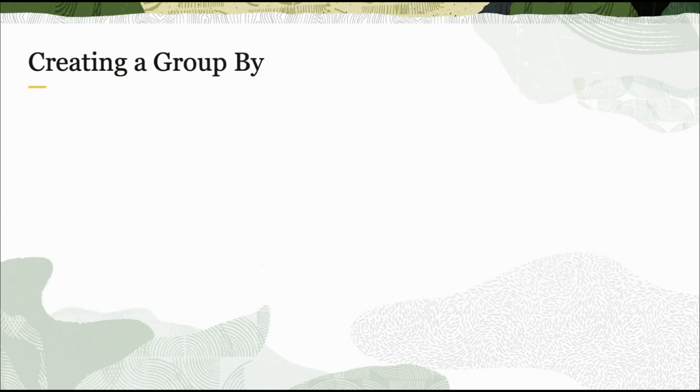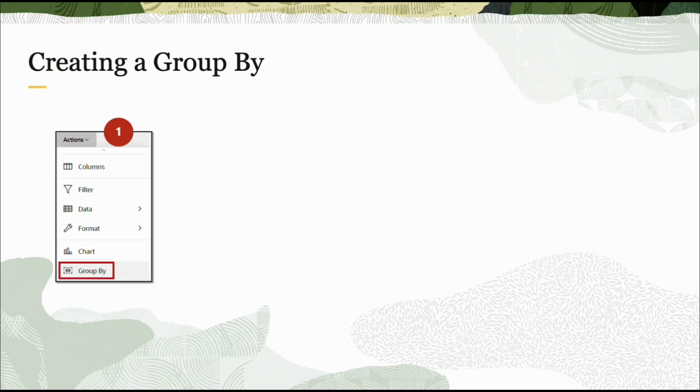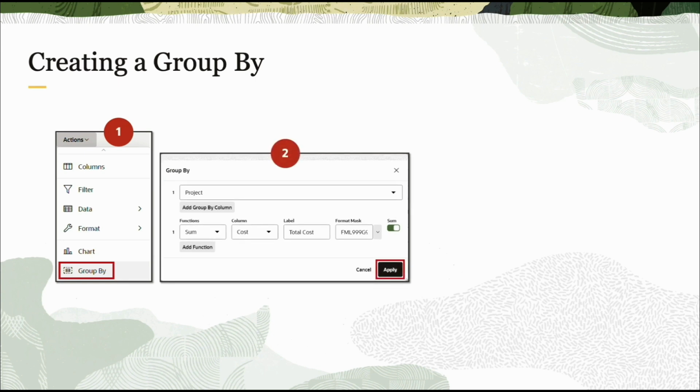End users can group sets of results by one or more columns with the group by function and then perform mathematical computations against these columns. You can create a group by report by going to Actions menu and selecting Group by option. This opens up the Group by dialog box. Here you can select a column based on which the report gets grouped by.